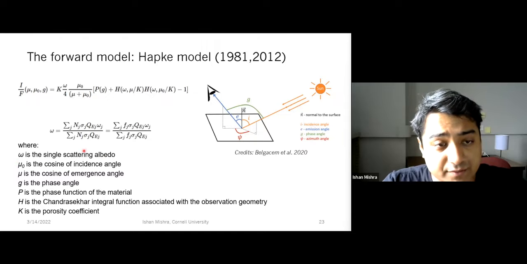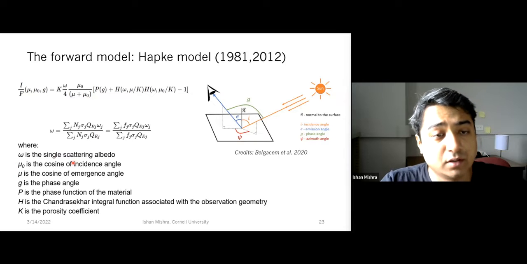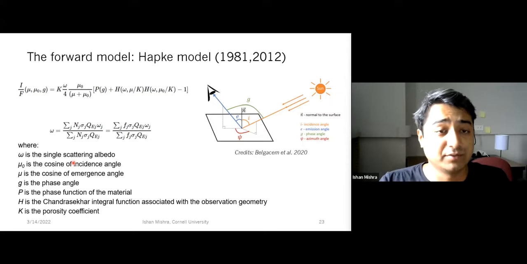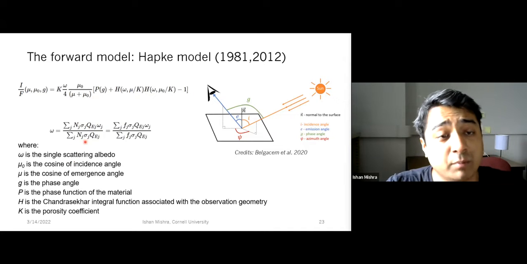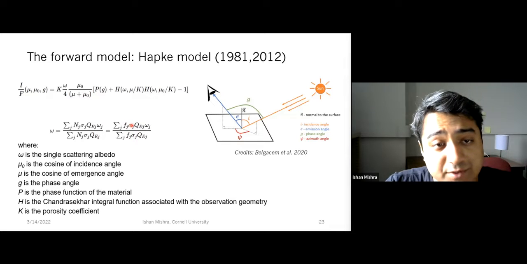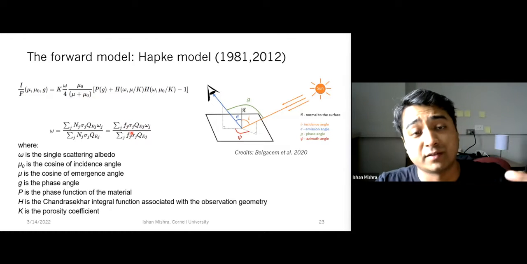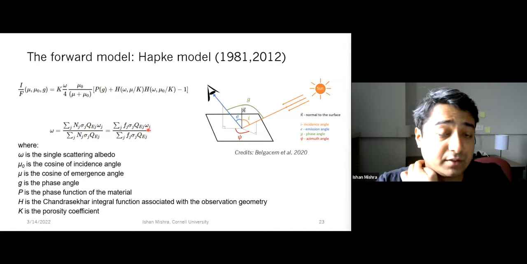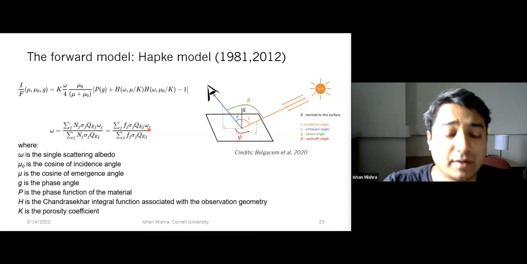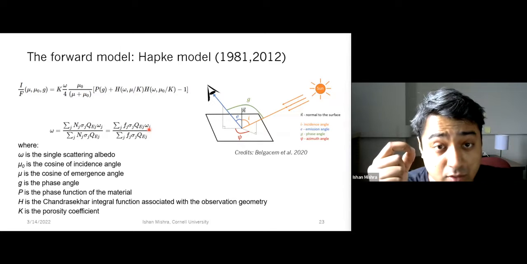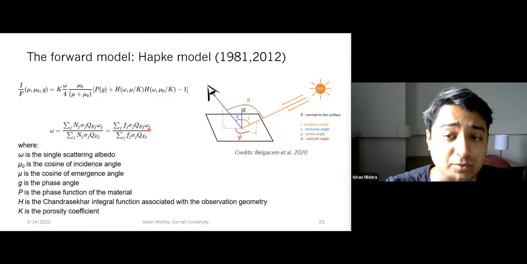But the heart of it is the single scattering albedo, which basically governs the scattering property of each of the components in your species. If you have multiple components, then you get an average single scattering albedo, which depends on the cross-sectional area of your species. That is where your grain size becomes important. And the single scattering albedo of each of the individual species themselves is calculated using the optical constants, which you might have heard of.